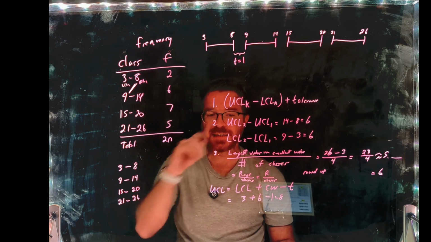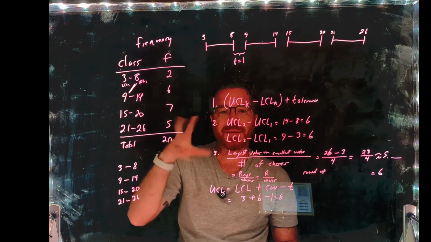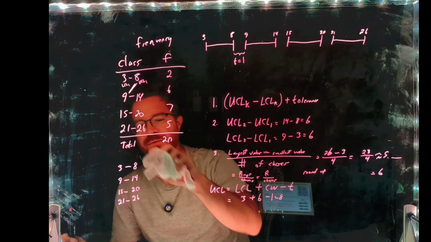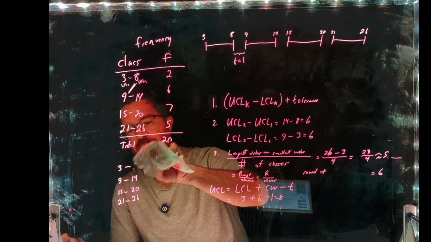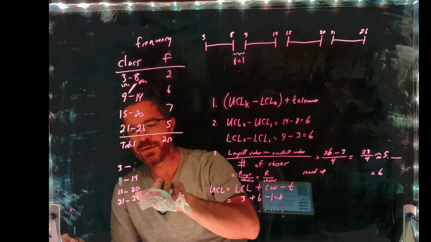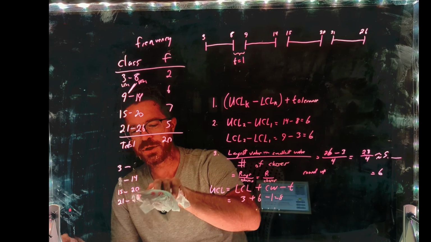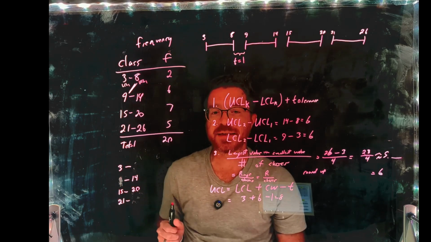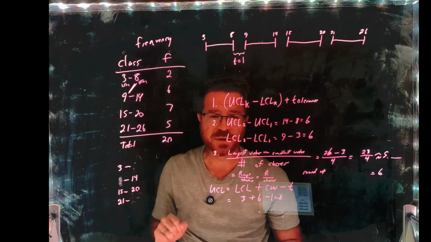Okay, so next thing is, what about if you have a partially filled out table? Let's say you had this table, but you didn't have everything filled out, and you don't have the original data. Well, this is where you could use the other class width methods. Let's say that I gave you classes that look like this.